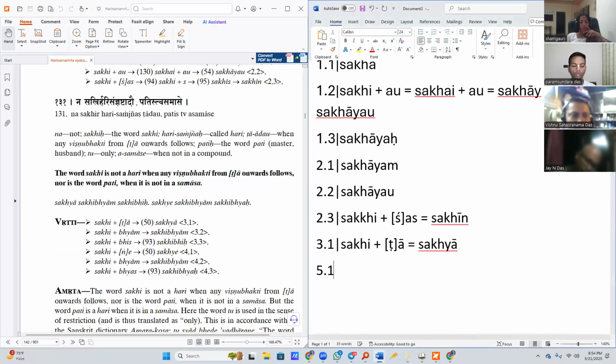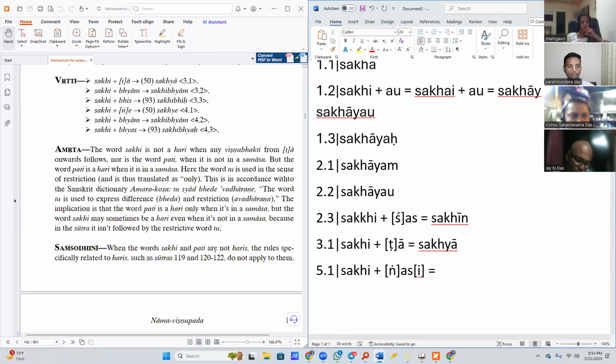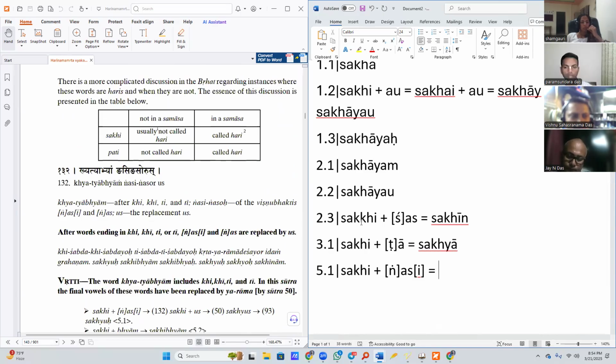Then 5.1, Sakhi Ngasi. Kya Tyabhyam Ngasi Ngasorus. Afterwards, ending in Ki or Khi, Ti or Ti, Ngasi and Ngas are replaced by Us.